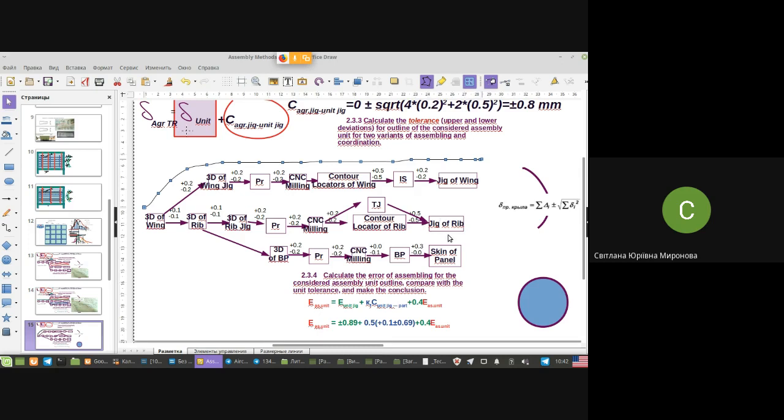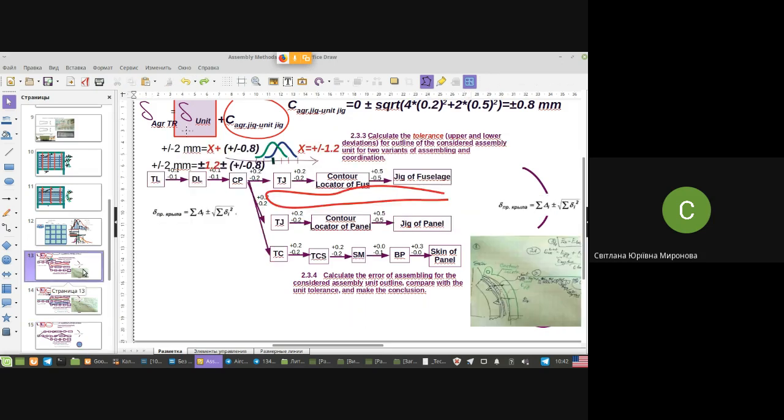What about the jig of skin? I should do calculation along this line. I should consider all the stages along this line. Well, but no, let me cancel these changes.